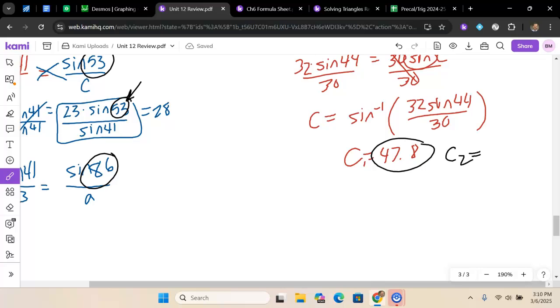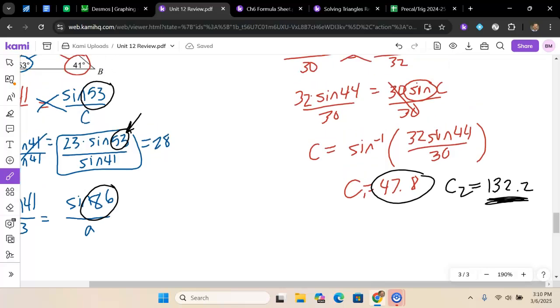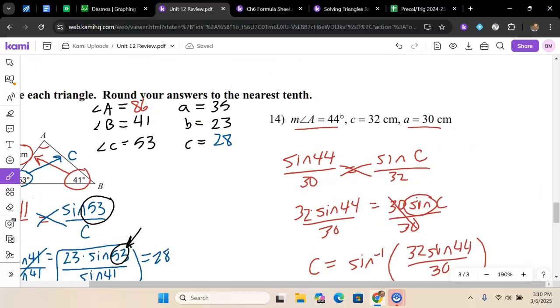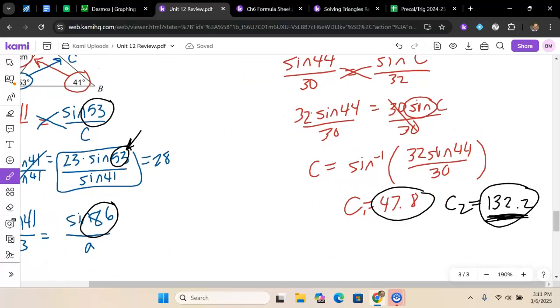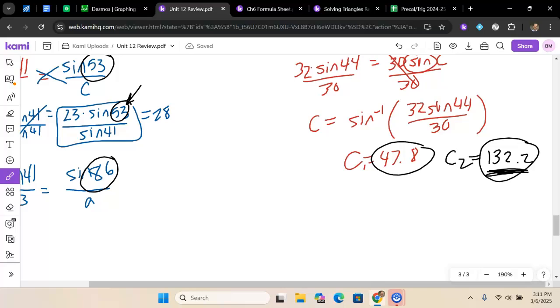So if I took 180 minus 47.8, that's going to give us 132.2. This is another option for angle C as long as this plus the given angle, 44, is less than 180. Adding 44 gives me 176.2, which is less than 180, which means this is another option for angle C.